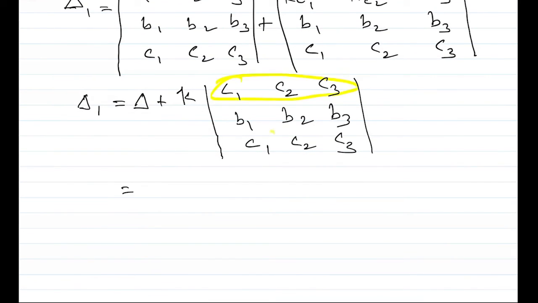We can see that the first row and the third row of the second determinant are identical. It means that its value must be 0 using property number 2. So delta 1 is equal to delta plus k times 0. It means delta 1 equals delta. This verifies property number 6.